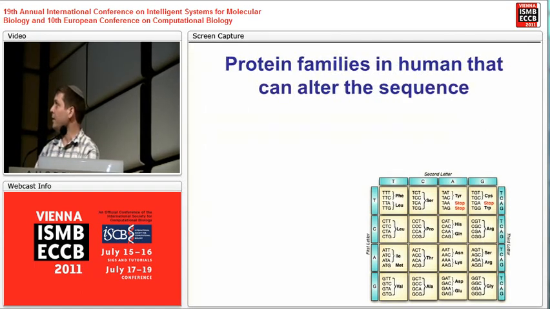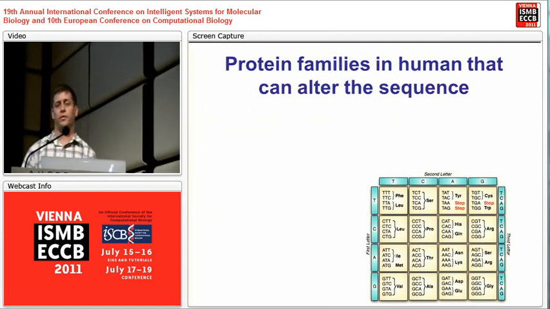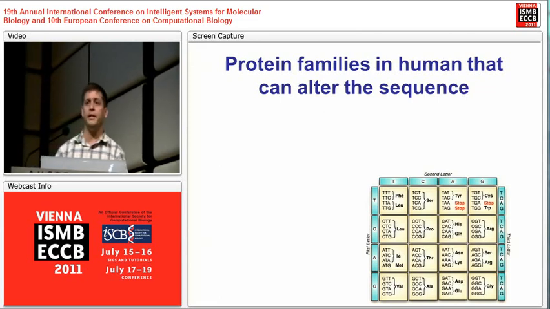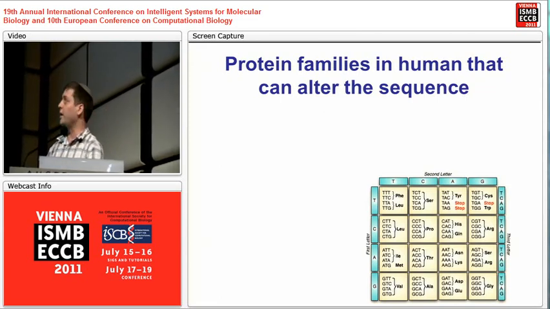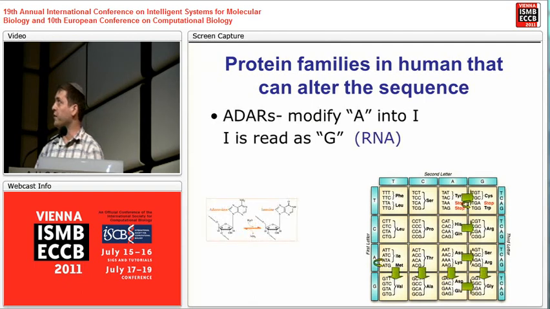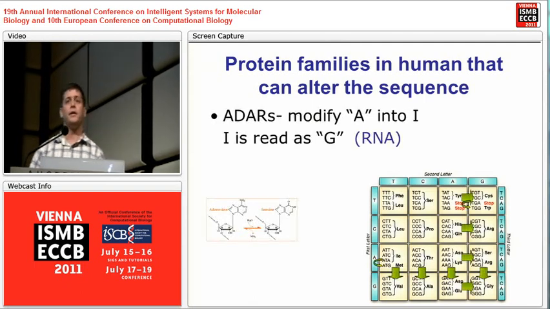However, there are protein families that don't follow this rule and can alter the DNA and RNA sequences. One of them is the ADAR protein family.